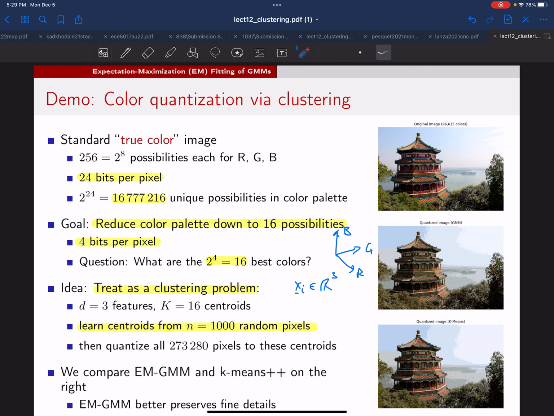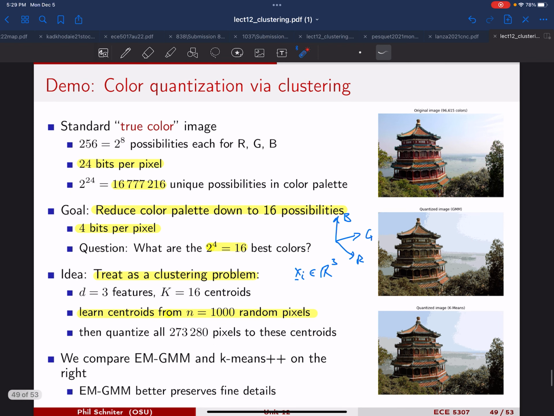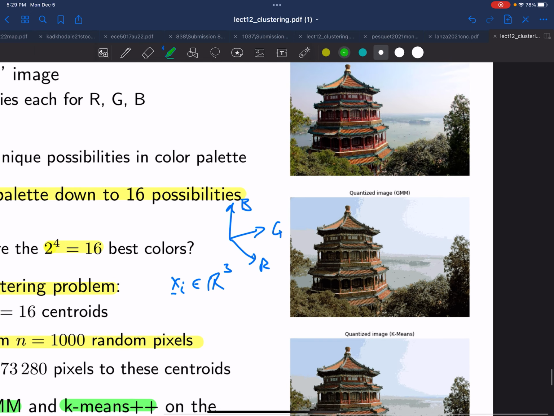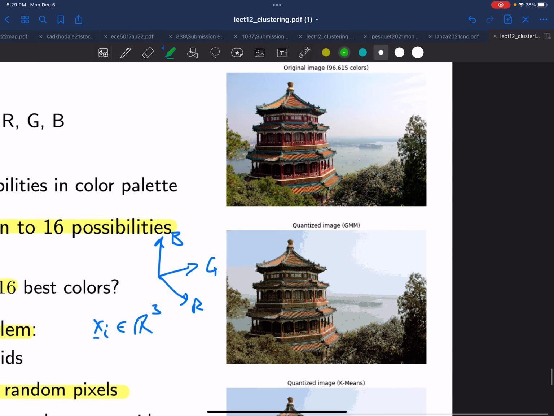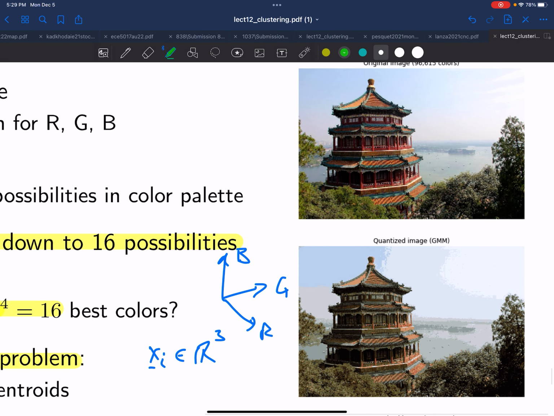That's enough. And we're going to try to figure out these 16 centroids, which will give us our 16 best colors. And basically, we're going to try this with 2 methods: expectation maximization based GMM and k-means plus. So we know how to do both of those. We can do both of them with scikit-learn pretty easily. So let's take a look at what we get. This is showing the quantized image with our Gaussian mixture model.